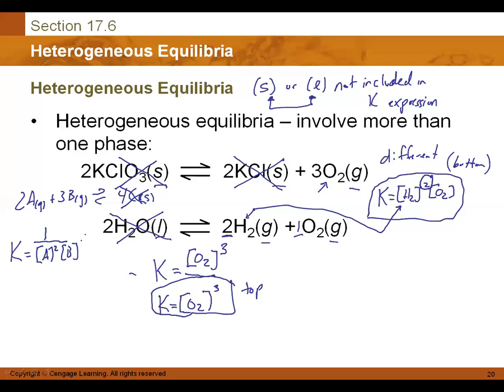And it would look something like this. So if you happen to have a reaction where the product is solid or the product's all liquid, you basically do 1 over the reactants, and that would get you to your equilibrium expression. Question on how to write equilibrium expressions, calculate the value of equilibrium expressions, what it means.